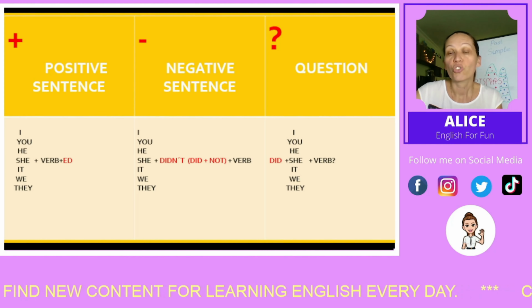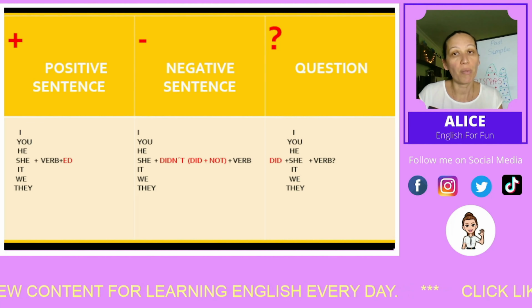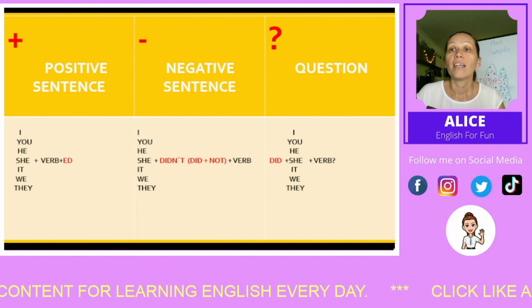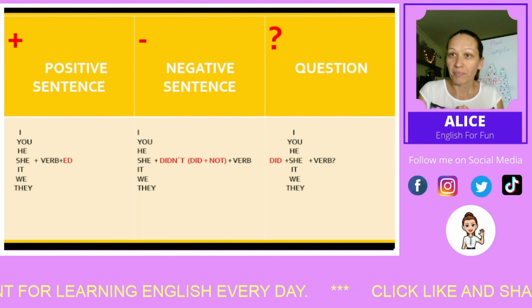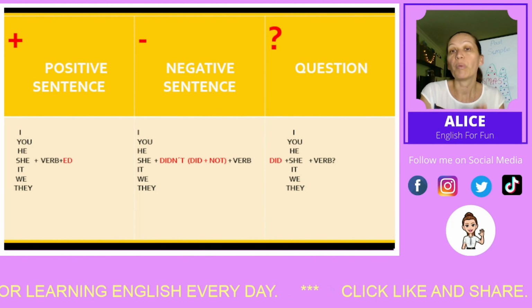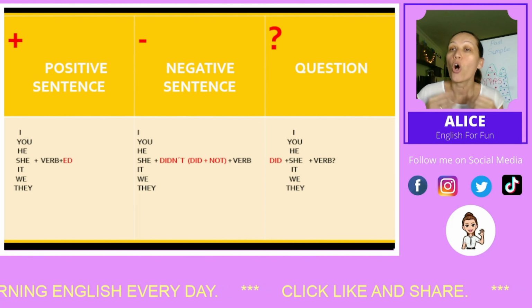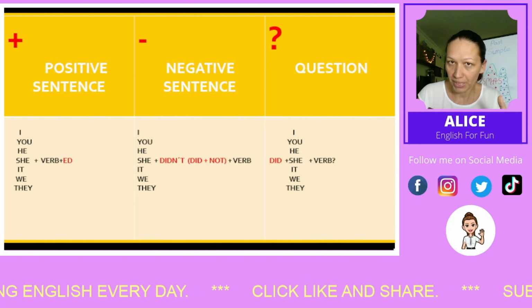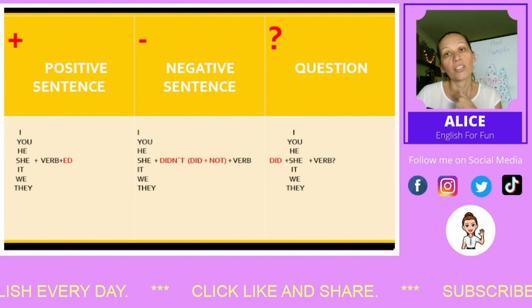They didn't stop. Okay? If we want to make a question in the past, we should use almost always the auxiliary verb did plus subject and verb. When I say almost always, we will see it a bit later. So we put did I go?